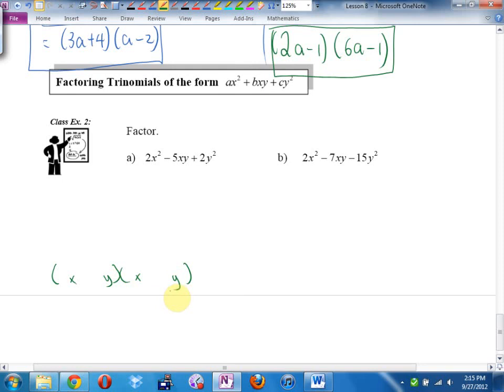Okay. I'm looking for two numbers that multiply to what and add to what? Someone said negative 4 and negative... Oh, someone told me the numbers. I'm looking for two numbers that multiply to what? Positive 4. And add to what? To negative 5. What are numbers that multiply to positive 4 and add to negative 5?